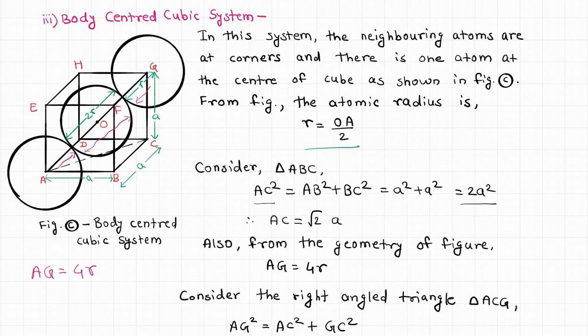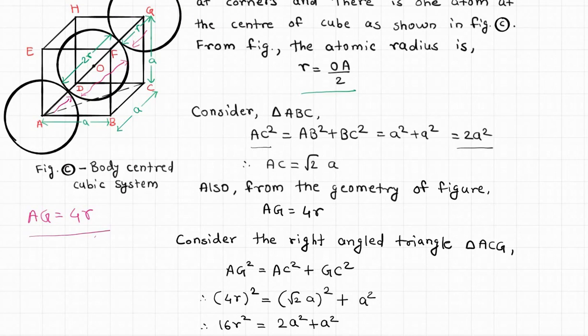So, AG is the hypotenuse and AC and GC are the two sides of the triangle. So, AG square is equal to AC square plus GC square. AG is 4R, means 4R square. AC is root 2A, therefore root 2A bracket square, and GC is the edge of the cube, therefore GC is A. So GC square means A square.